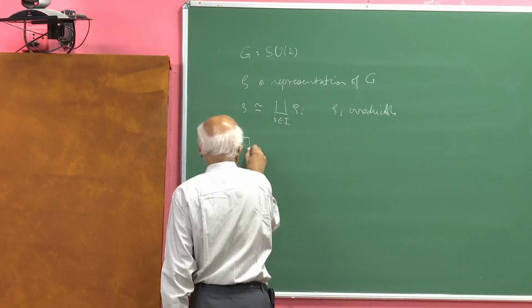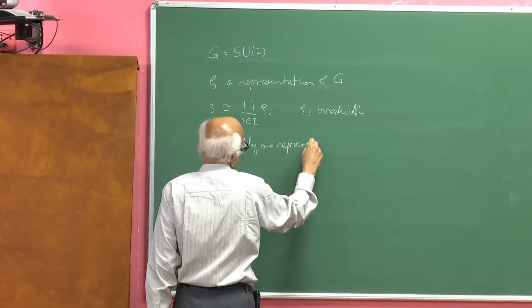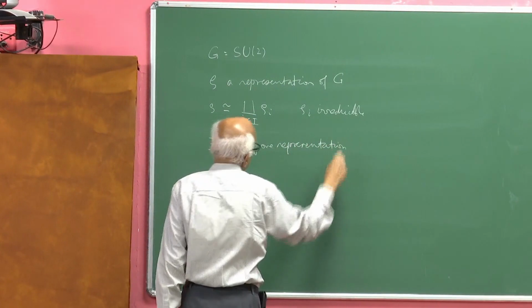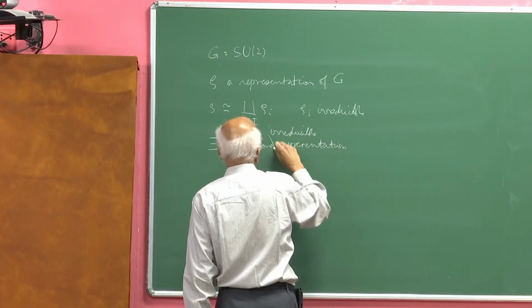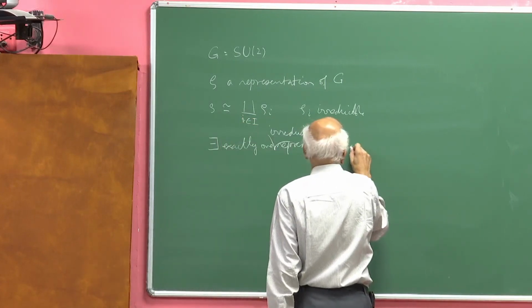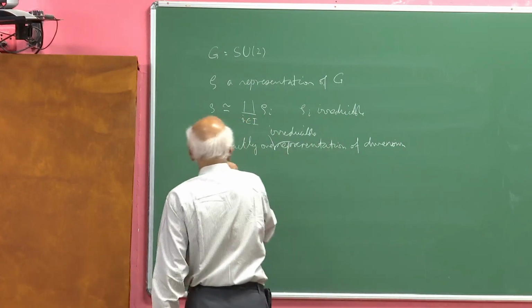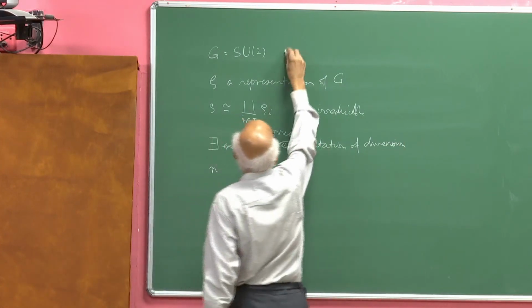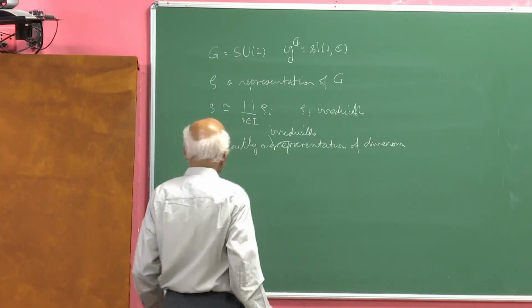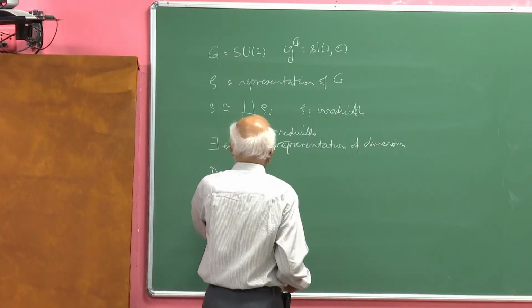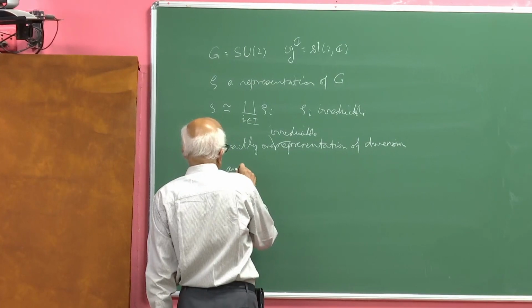We proved that there exists exactly one irreducible representation, up to equivalence, of course, of dimension n.